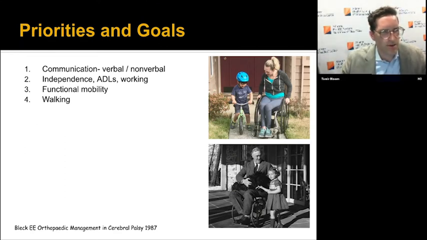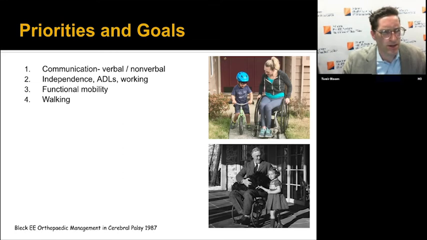So when taking care of patients, we want to have clear goals and priorities, and we want to make sure that those are aligned with that of our patients. Well, if we ask individuals what their priorities are in life, we see that walking, which is something that we're most focused on as orthopedists, doesn't make the top three.